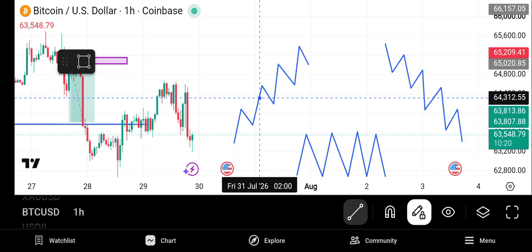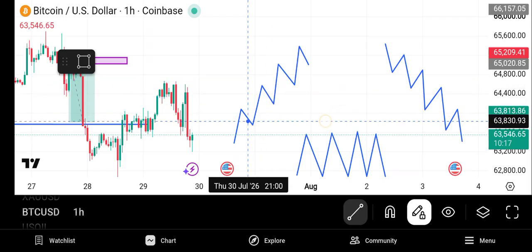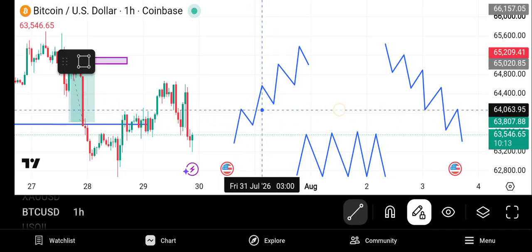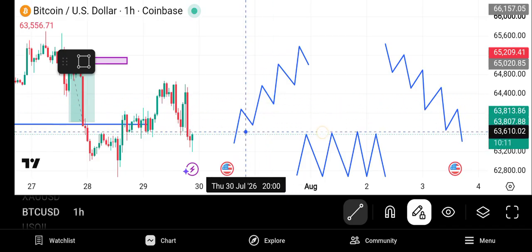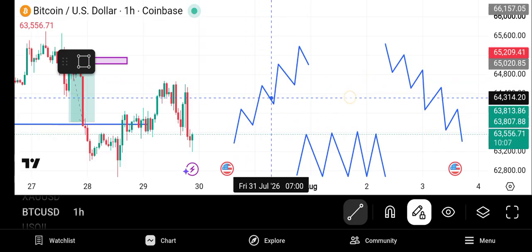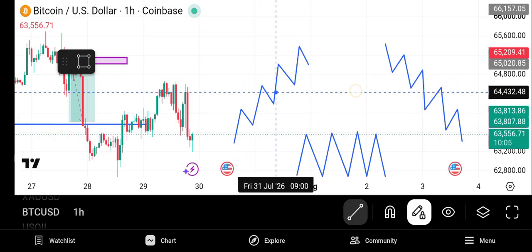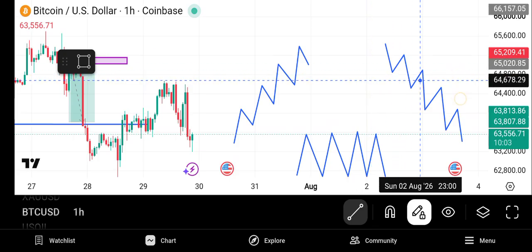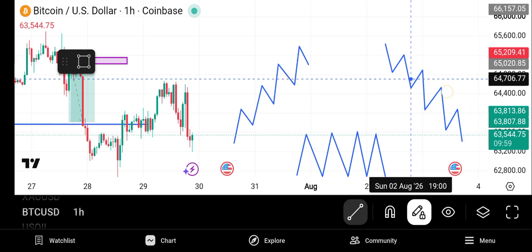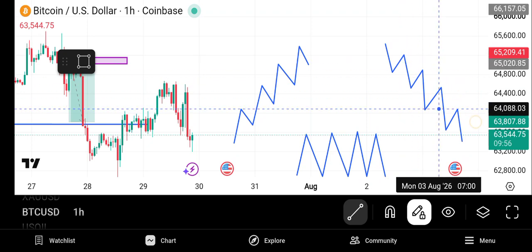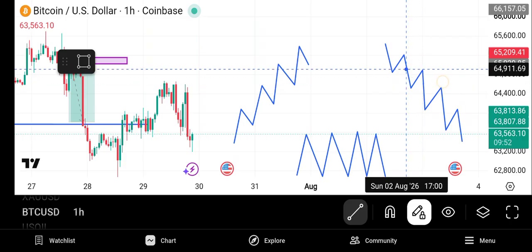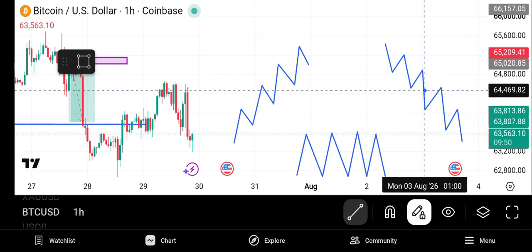In an uptrend, you can have 90% buyers and 10% sellers, or 80% buyers and 20% sellers, or 70% buyers and 30% sellers. In a downtrend, you can have 90% or 95%, as the case may be, of sellers, and the rest can be buyers. So the majority carries the vote.